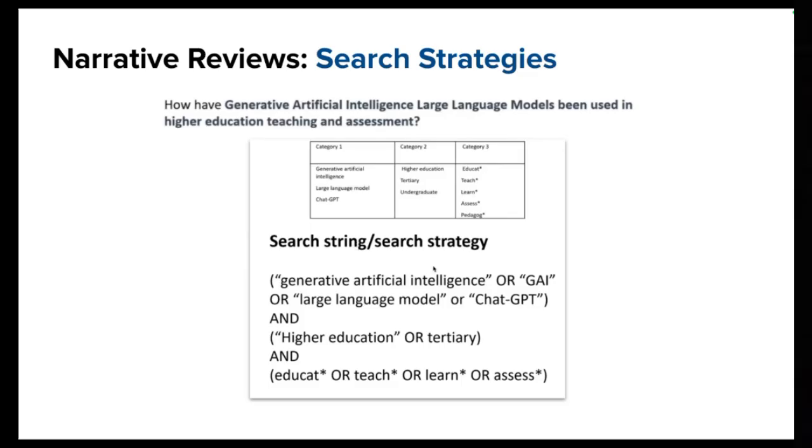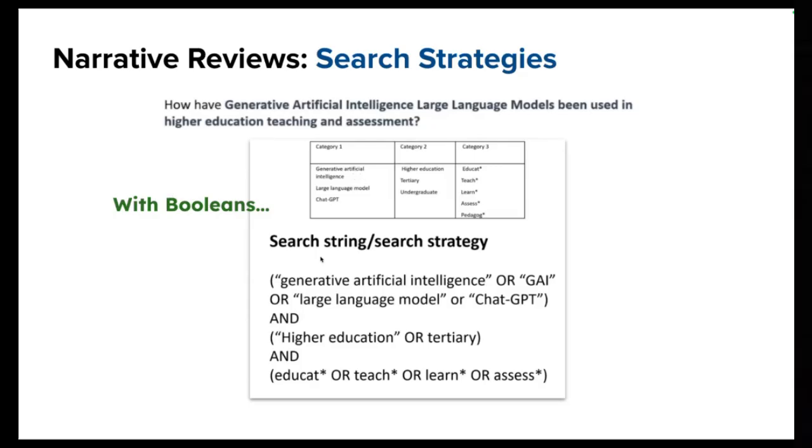So looking at the first column, as you go down a column, down the same keyword synonyms, so generative AI to LLM, you use OR, because you're saying it doesn't really matter which one you find of these, find any one of these. And as you hop across columns, from category 1 to category 2, you're saying AND find one of these, and it doesn't really matter which one of these, so you use OR again through those.